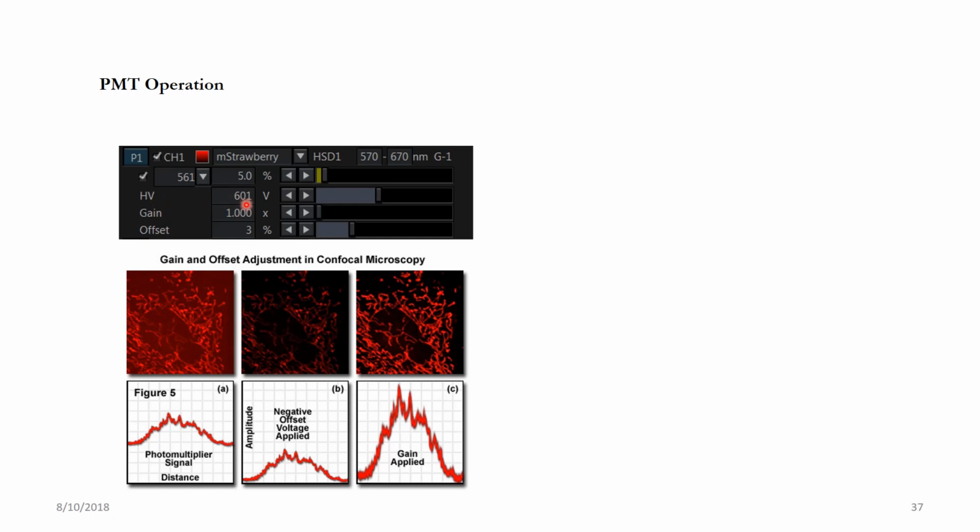So suppose your signal is 10 and your background is 2, so right now signal to noise is 5. On the other hand, if you apply a twice gain, then your signal is going to become 100 and the noise is going to become 4 because it's squared. So now the signal to noise is 25. So you can literally see that the signal to noise has squared, right?